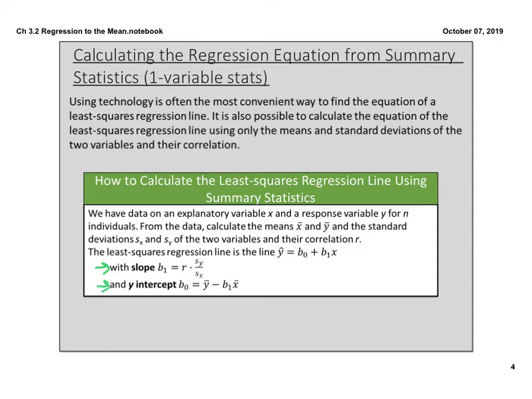And then the y-intercept was the mean of y minus the slope times the mean of x. So you can go through and calculate that on your own. However, more often than not, using your calculator to find that LSRL is going to be the easiest way. Just know that there is a relationship between those two things. And these two equations are given to you on the AP exam formula sheet.